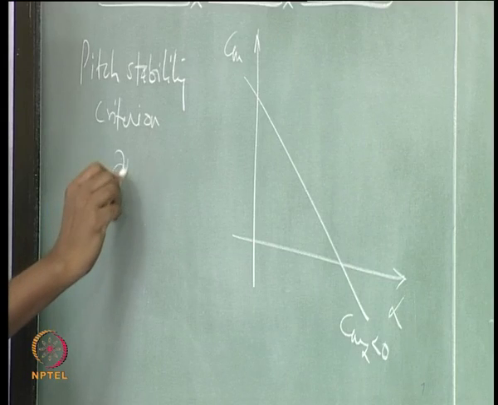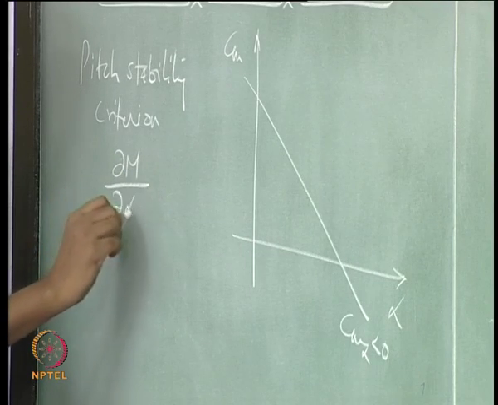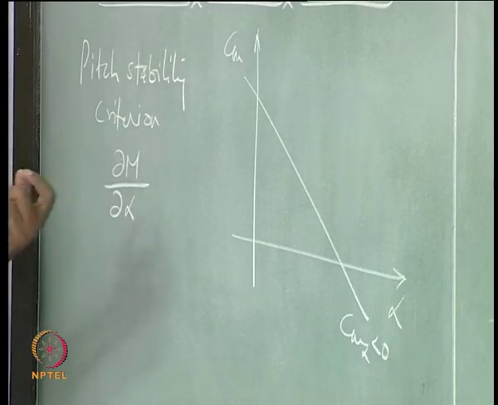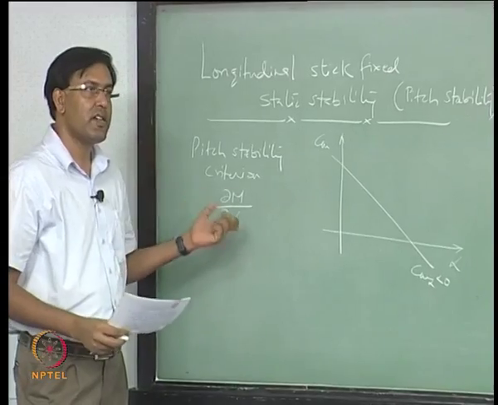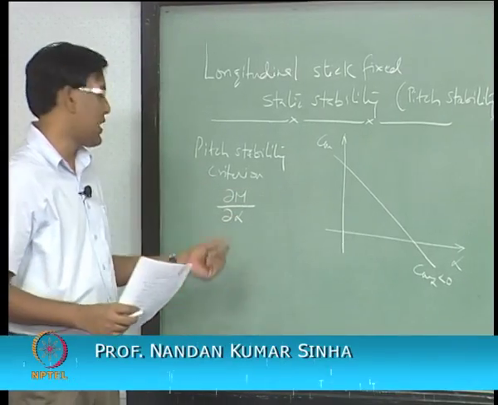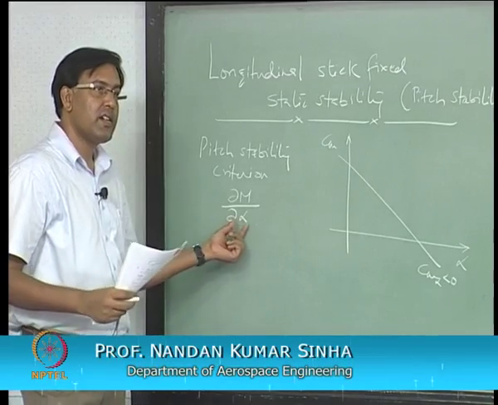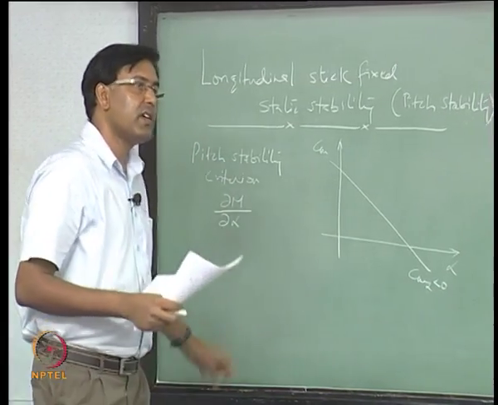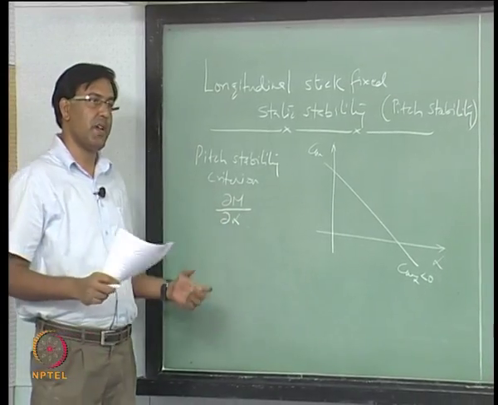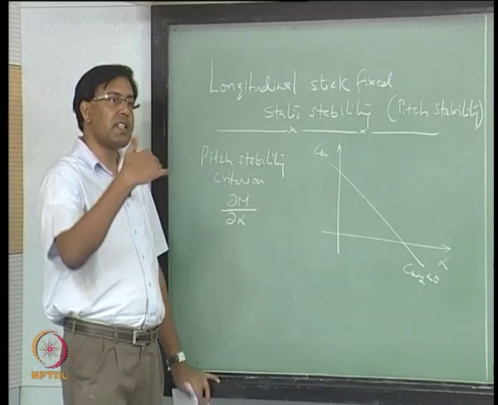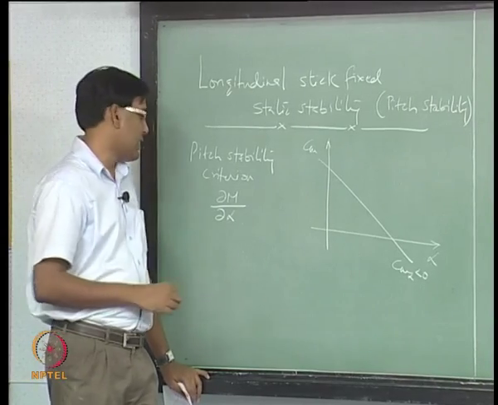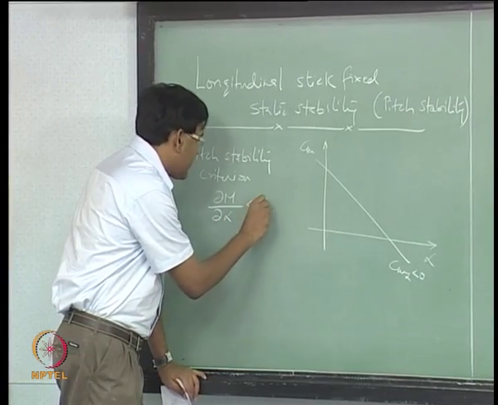So, change in pitching moment because of a change in angle of attack: a positive change in angle of attack should automatically result in a negative change in pitching moment, so that the tendency of the aircraft is to kill that extra angle of attack.